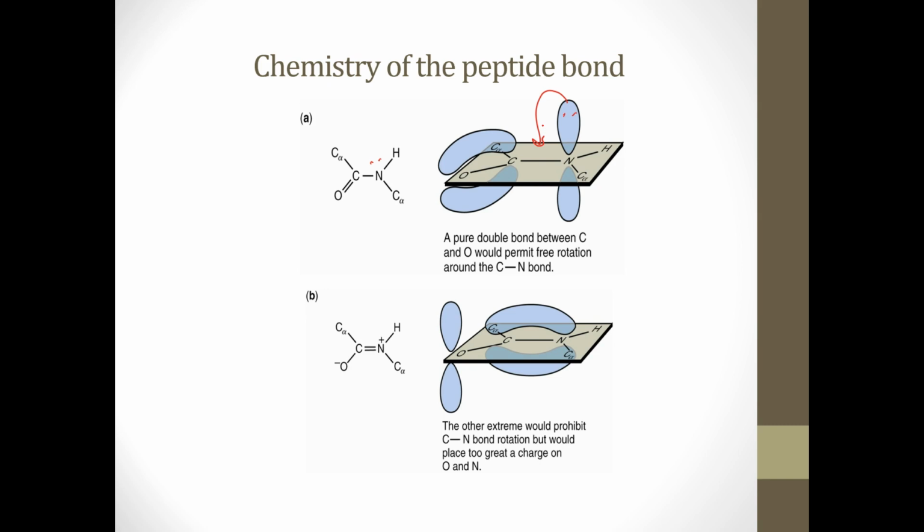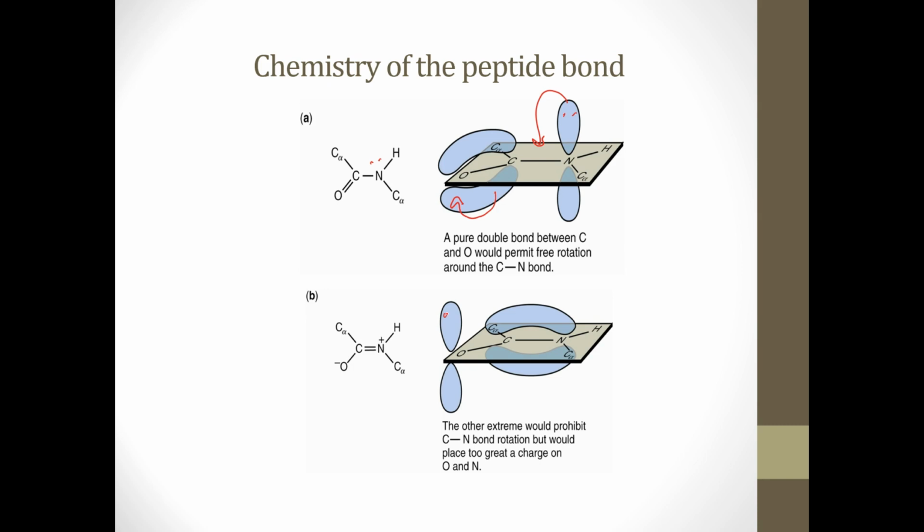This exceeds the octet on the carbon. So the doubly bound electrons between the carbon and oxygen have to go reside on the oxygen, vacating its double bond and putting the lone pair into a vacant p orbital that's non-hybridized.